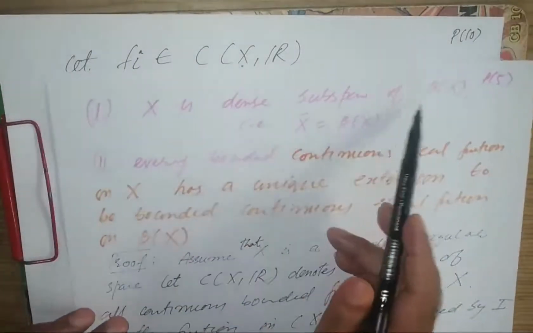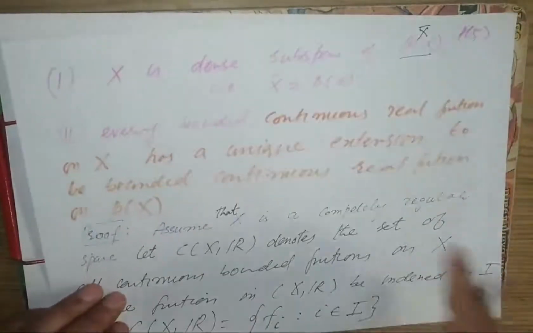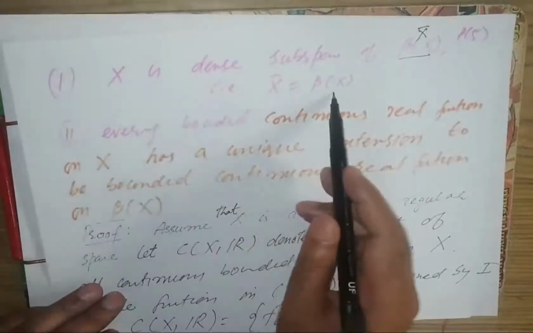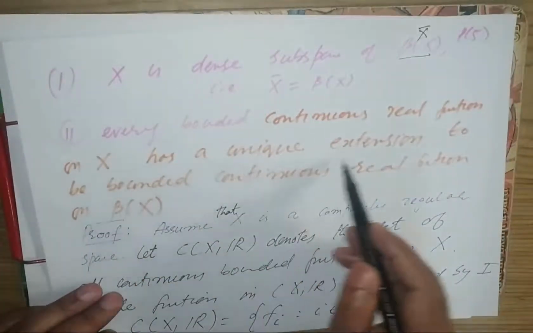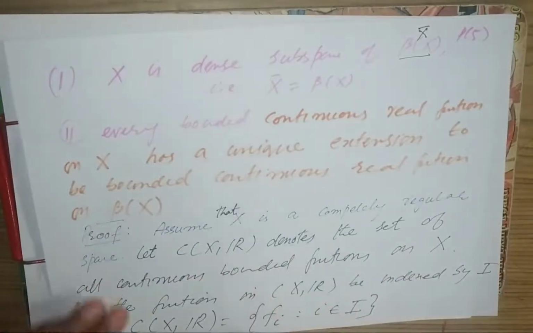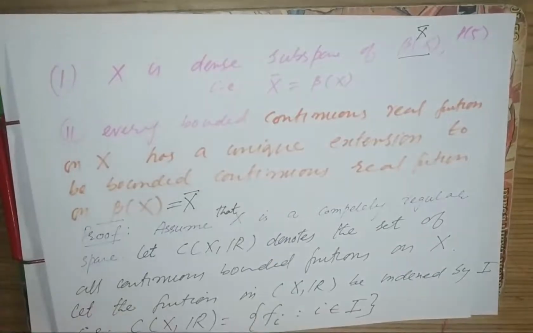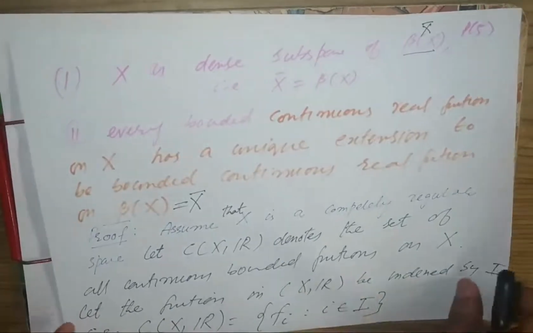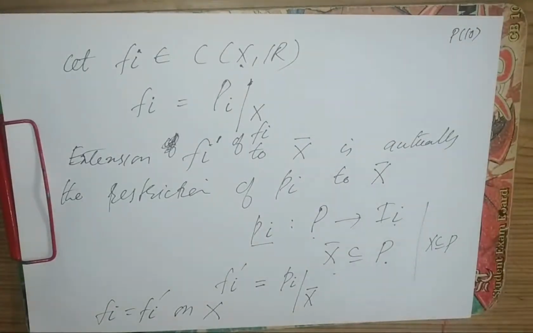X is dense as a subspace of beta X. This beta X is the closure that we have seen in our proof. And every bounded continuous real function on X has a unique extension to a bounded continuous real function on beta X. So the Stone-Cech compactification theorem is proved completely.